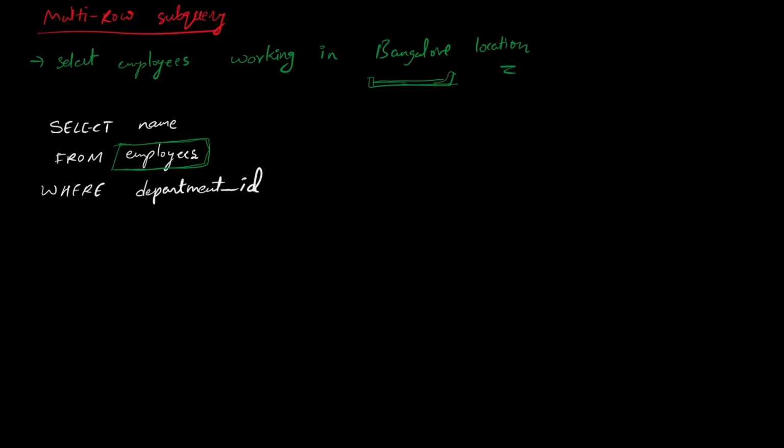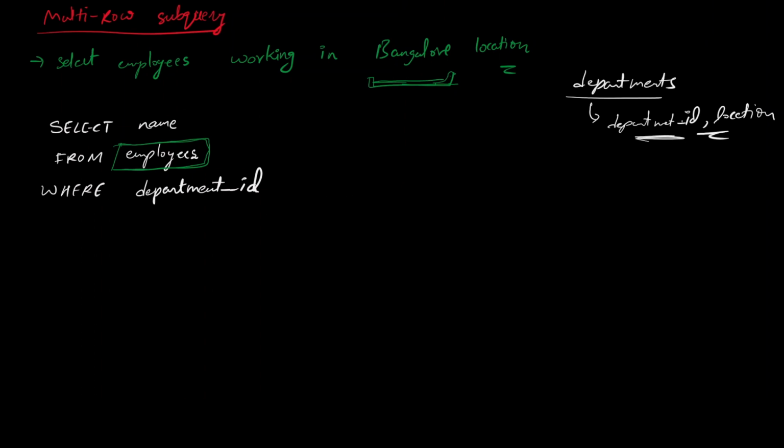In this case, we also have one more table called departments. In this table, we have department ID and location. Basically, we need to filter out the department IDs whose location is equal to Bangalore.